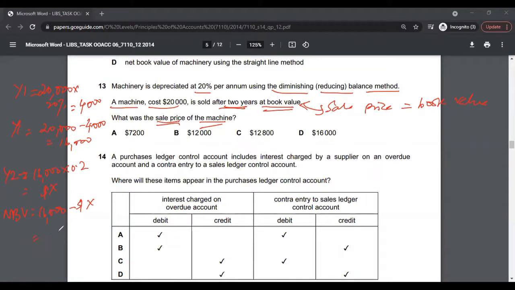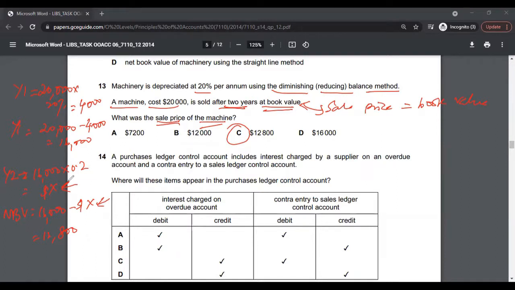So let's see what this number comes to. This number actually comes to 12,800. So the answer to multiple choice 13 would be option C. You can calculate the depreciation expense here. I'm going to keep this as a secret so that you can practice and calculate this number by yourself. Accounting is about practice, so you should practice.